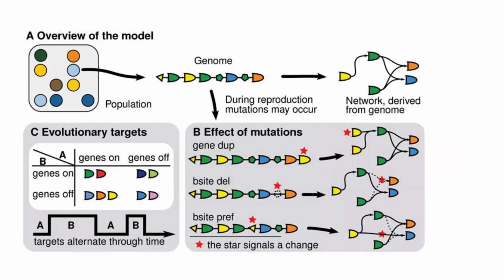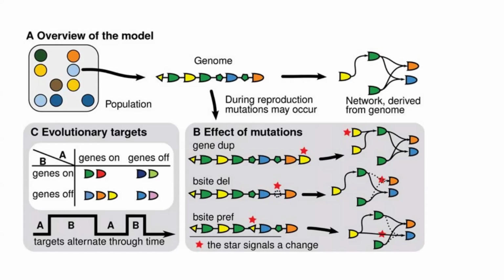But the overview of the model here is that they have a simulated genome, and it is arranged by having specific regulatory networks that are defined. You get a gene duplication or deletion or other changes, and the relationships of what's turning on and turning off are done to alternate a particular pattern.